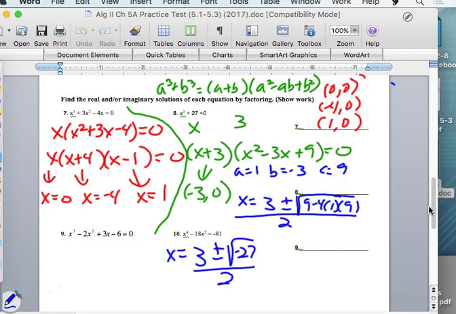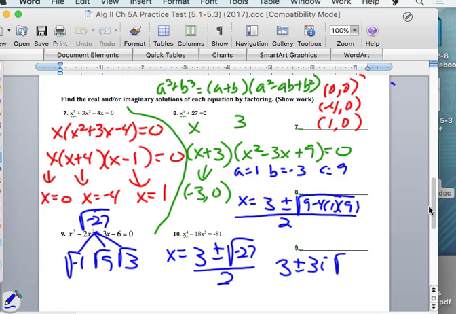And now we have to see if we can go ahead and simplify the square root of negative 27. So we've got square root of negative 1. Do we have any perfect squares? What do you use? 9 and 3. So tell me what that's going to be simplified. 3i square roots of 3. So we've got 3 plus or minus 3i square roots of 3 over 2.